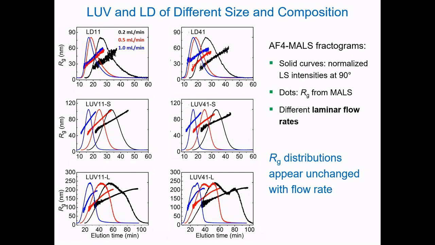Elution profiles recorded at 90 degrees scattering angle under optimal experimental conditions are presented in these figures. At all detector flow rates, AF4 successfully separated lipid droplets and vesicles of all sizes and compositions according to hydrodynamic size, as indicated by the continuously increasing radius of gyration as a function of elution time.